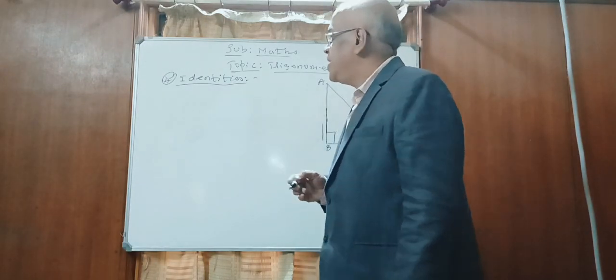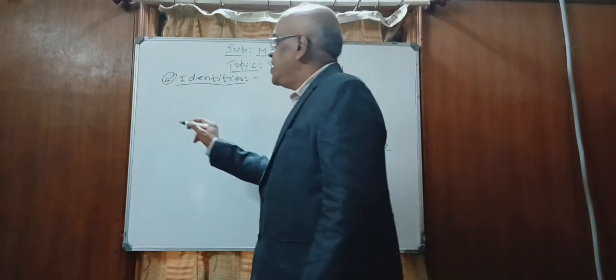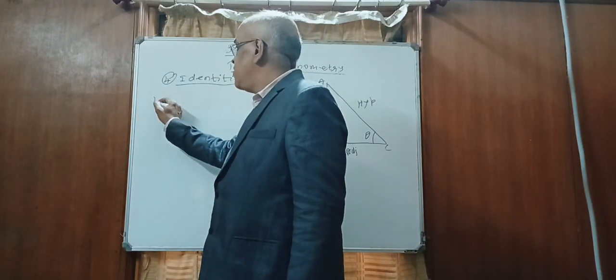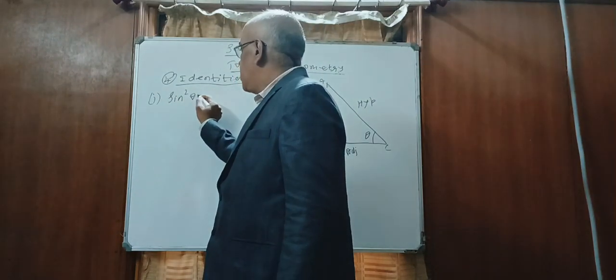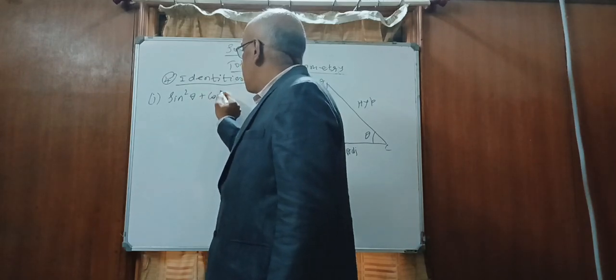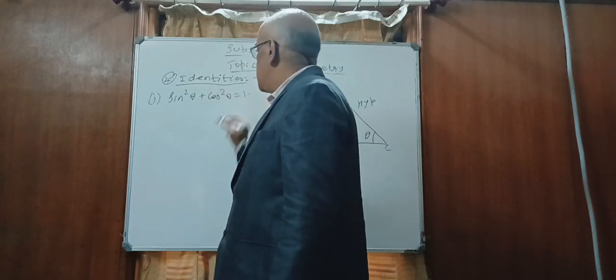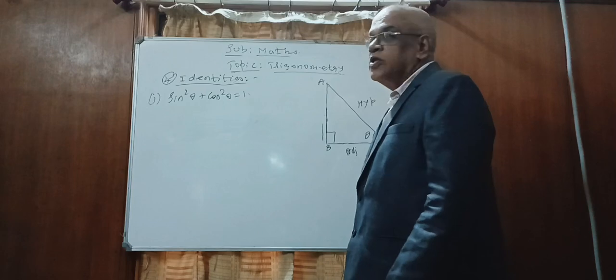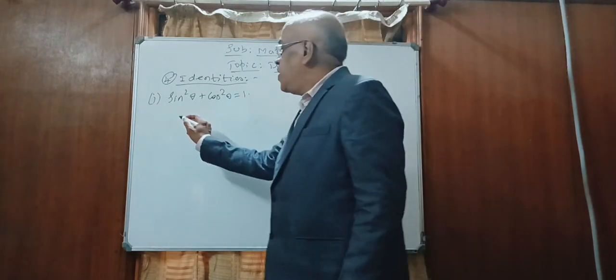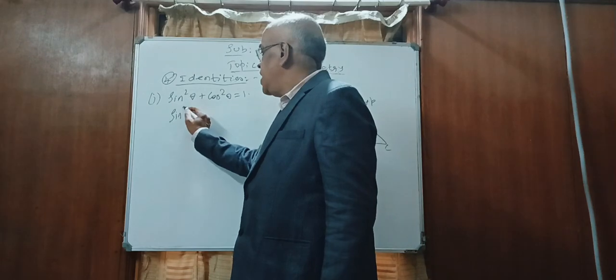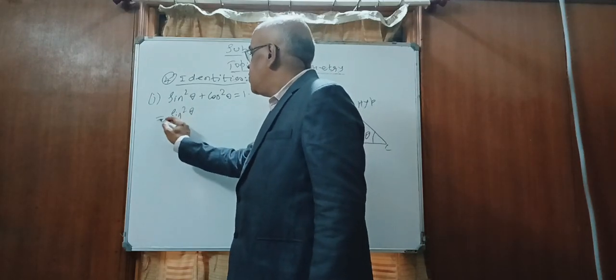Here also we have identities. Which are the three identities? Just three formulas. Sin square theta plus cos square theta is equal to 1. Now I want sin square theta, so we can switch this formula.